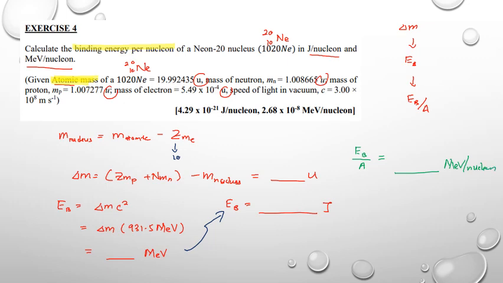Then you repeat it again by using EB in joule, and you are going to get the value in joule per nucleon. So that is how you do it. For unit conversions, you try to think how to solve it. If you don't know how to do unit conversions, you may refer to the example in your lecture notes. So that is how you solve question 4.